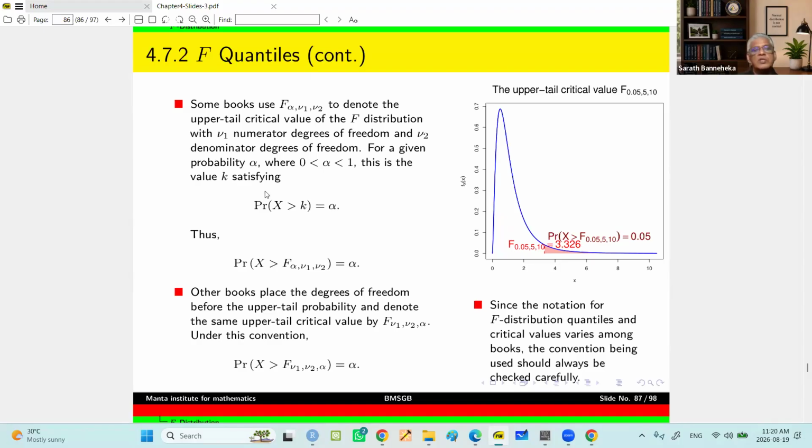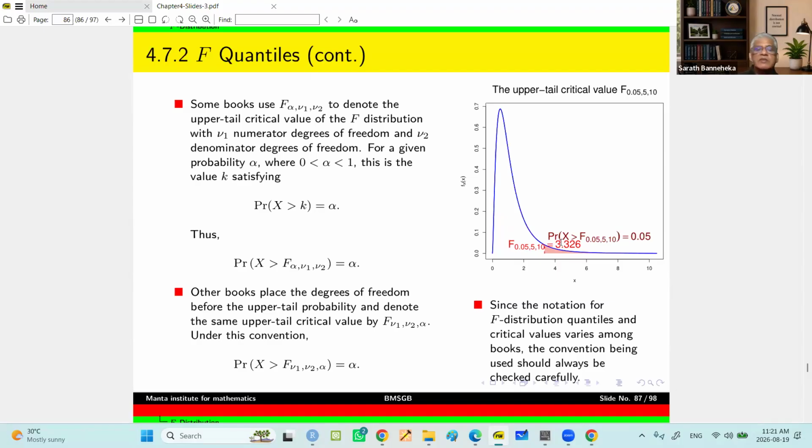According to this notation, alpha is the area above the quantile or the critical value, so it appears as the first subscript: f.05, then 5, 10. So the same value by different authors may be denoted by different notations.